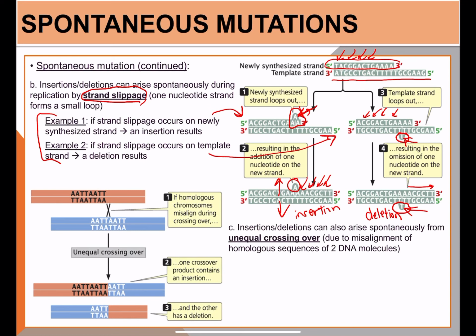Now, another way insertions and deletions can arise spontaneously is by what's called unequal crossing over. We touched on this topic when we were discussing Robertsonian translocation back in chapter 6. Remember how we said that when a big chromosome and a small chromosome translocate, you end up with a really big chromosome and a really tiny chromosome, and that really tiny chromosome doesn't carry that weight and will just be left out when it undergoes anaphase cell division.